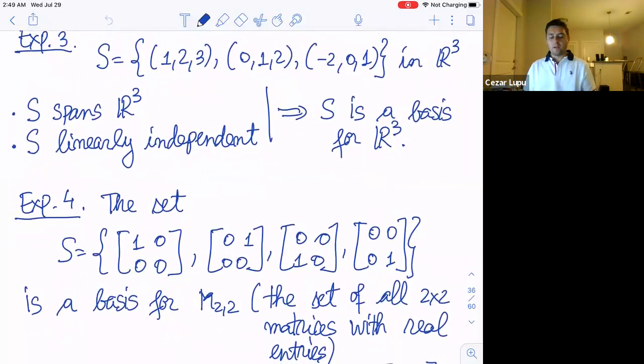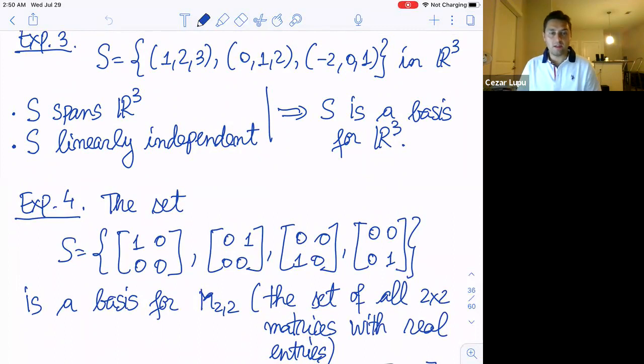Let's look at it. Example number 4, this time I will consider a set whose elements are 2 by 2 matrices. The vectors of this set are 2 by 2 matrices.